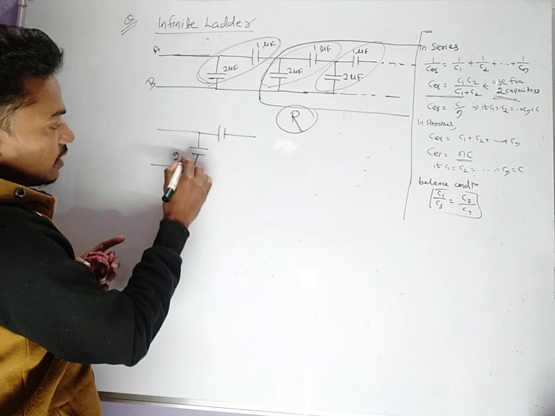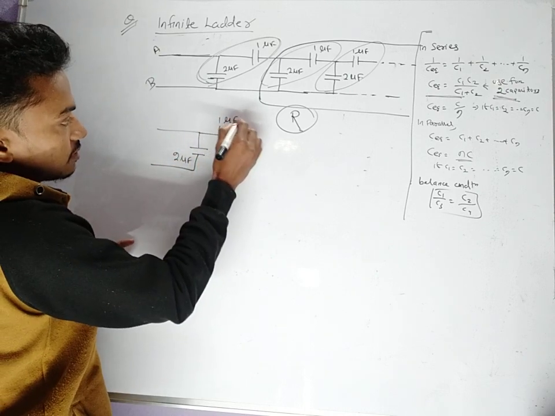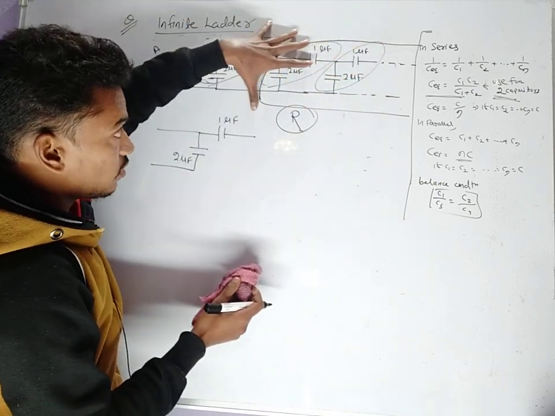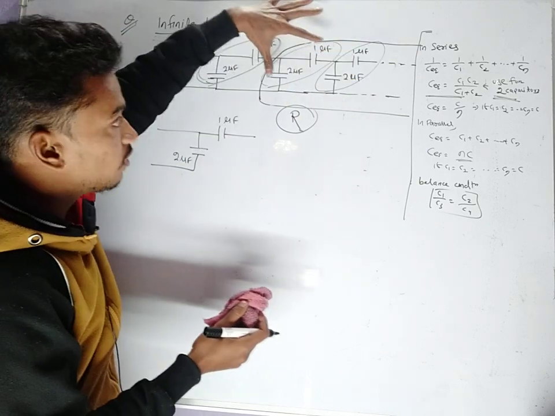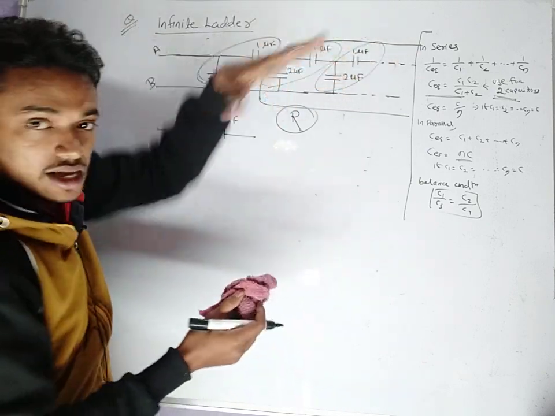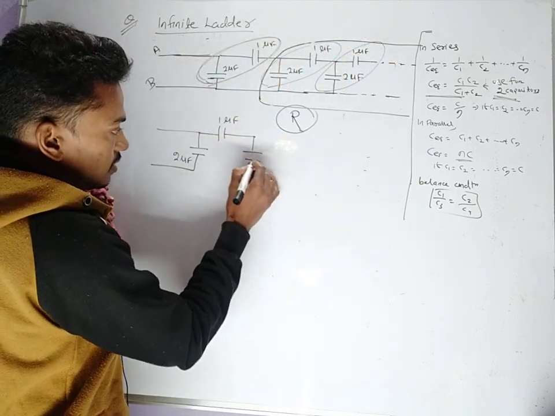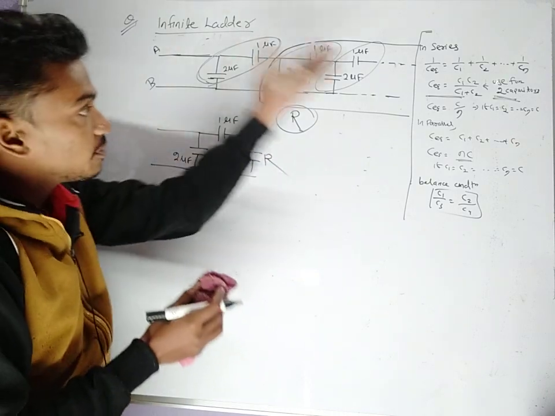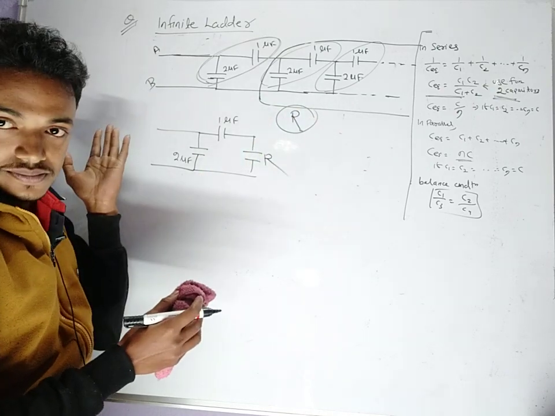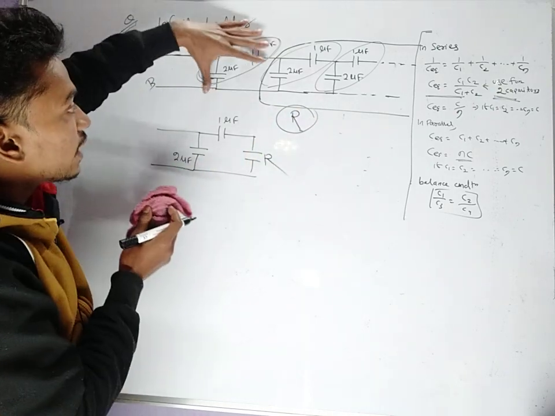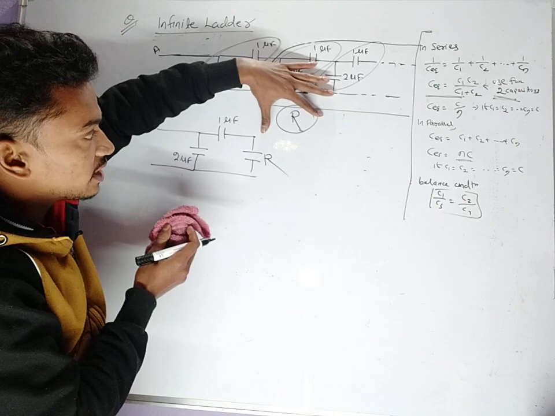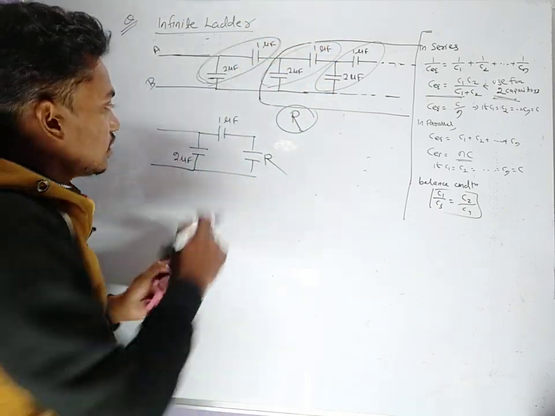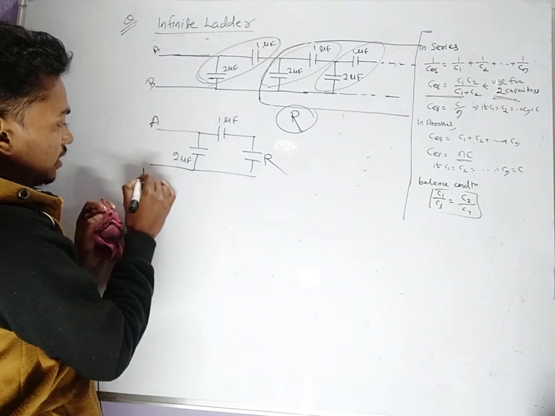This is 2 microfarad and this is 1 microfarad. The equivalent capacitance of all these sticks is C. The effective capacitance of the whole combination will be C, and removing or adding this is not going to change the equivalent capacitance much. So this is point A and this is point B.